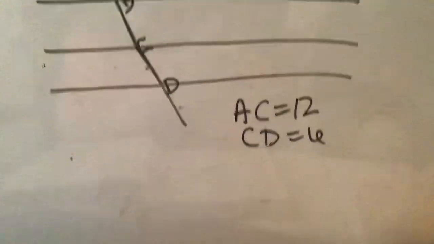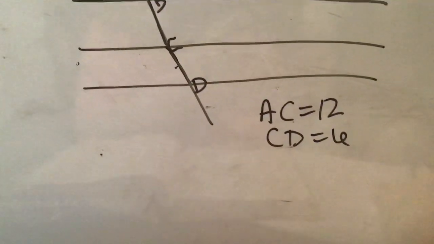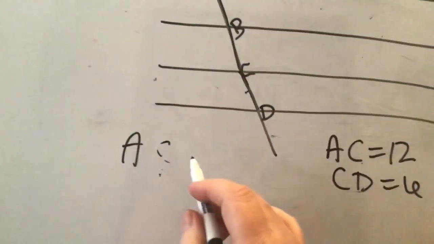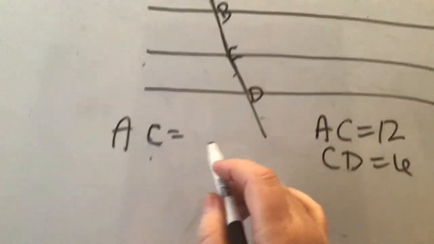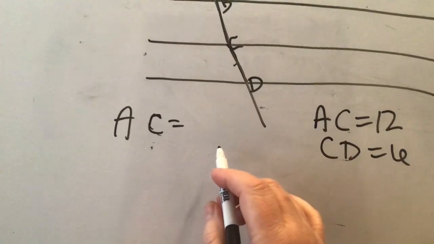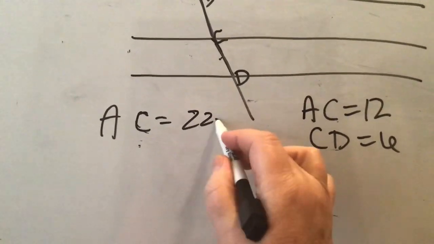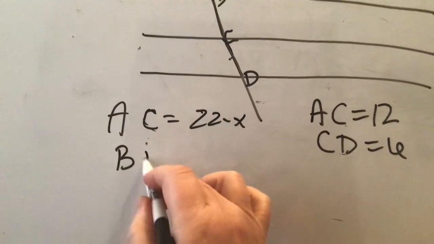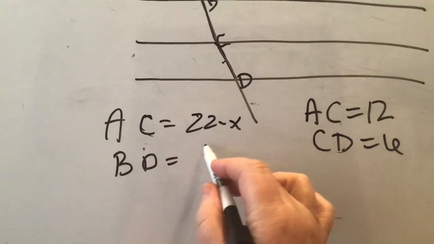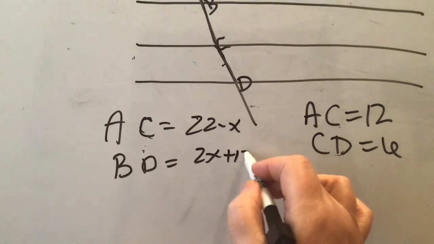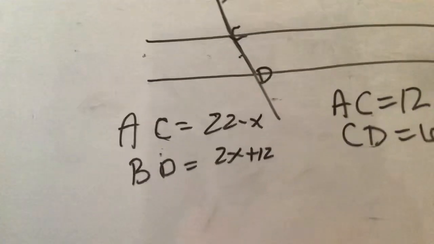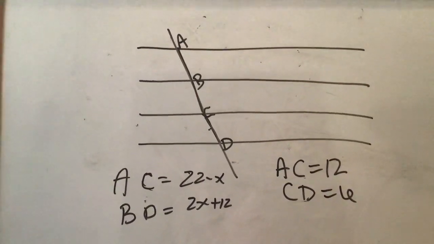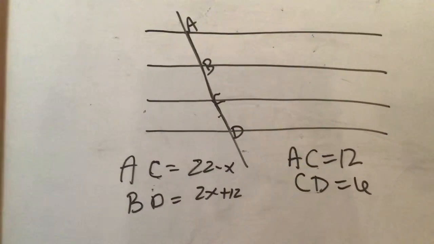So there'd be some questions similar to that, but they'll also do stuff like, okay, let's say that AC equals, you're going to have your algebra in here, 22 minus x, and let's say that BD equals 2x plus 12, and we're supposed to find x. Okay, so AC is 2 lengths and BD is 2 lengths, so that makes them equal to each other.